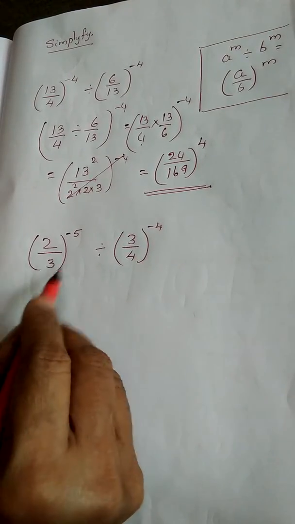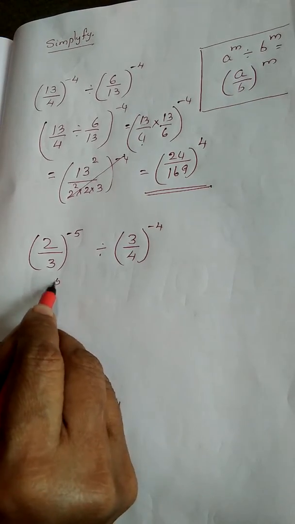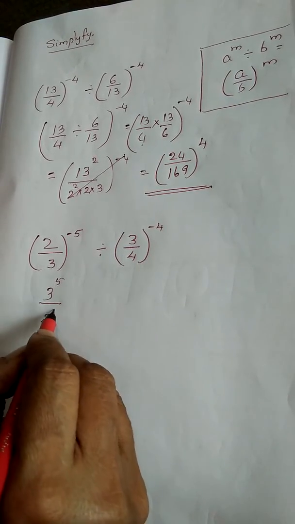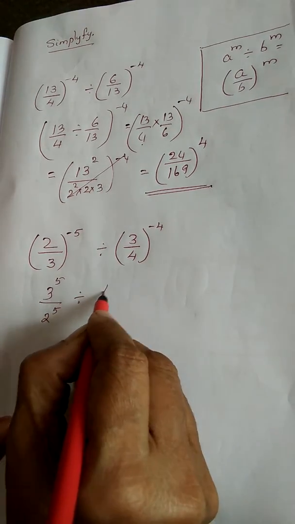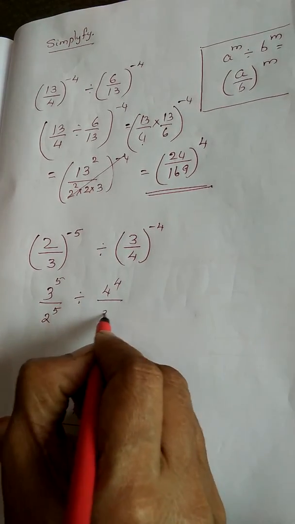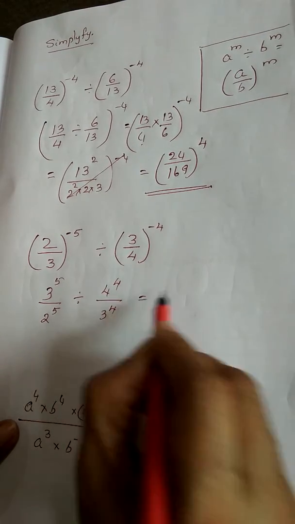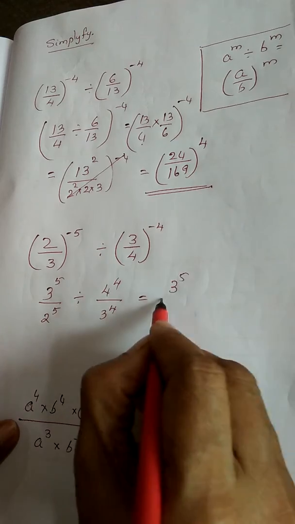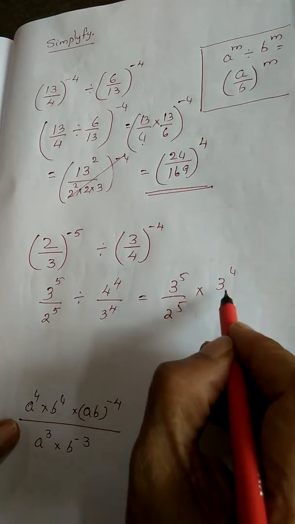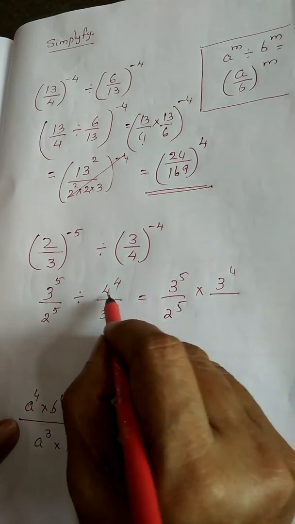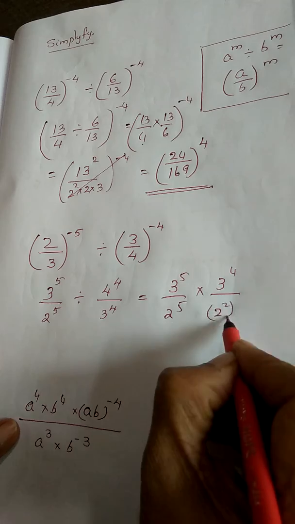Here again we will convert it into positive exponent. So 3 to the power of 5 by 2 to the power of 5 divided by 4 to the power of 4 by 3 to the power of 4. So this is equal to 3 to the power of 5 by 2 to the power of 5 into 3 to the power of 4 by 4 to the power of 4. Instead I will write this as 2 squared, the whole to the power of 4.